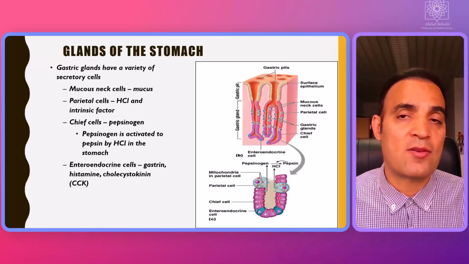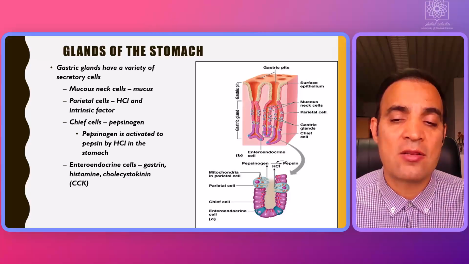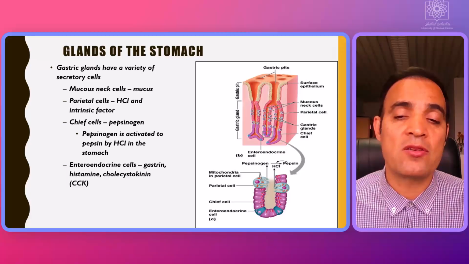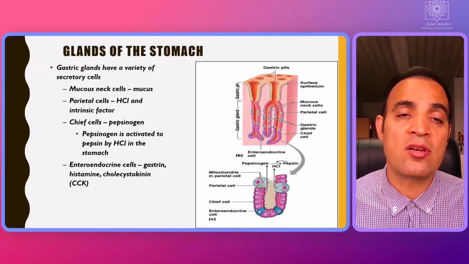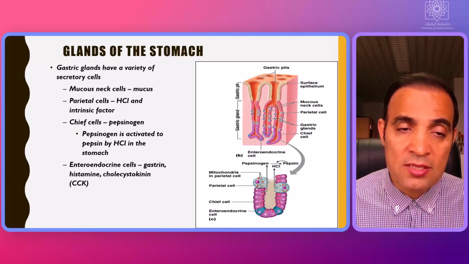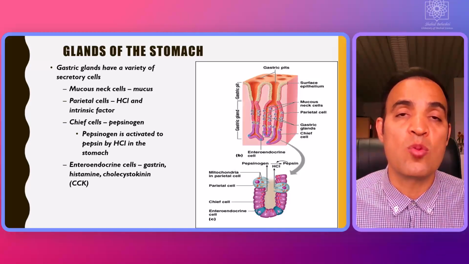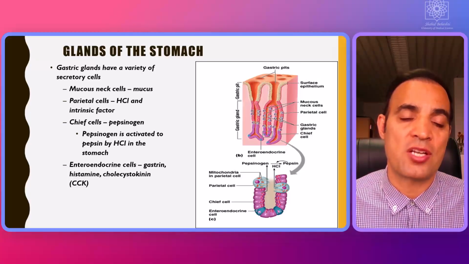Except for these cells that I told you we have in the gastric glands, there are some other cells that are very important for the function of the other cells of the gland, particularly enteroendocrine cells that release hormones that are responsible for regulation of gastric secretion.